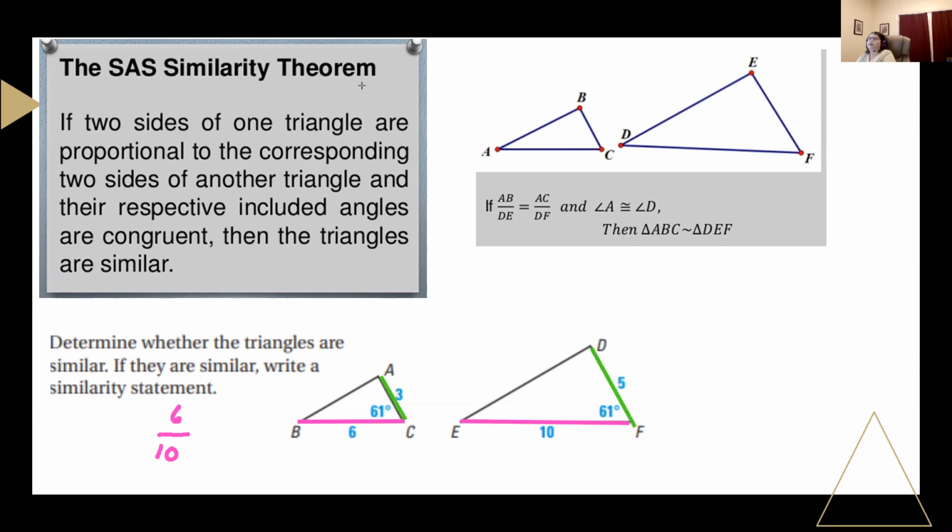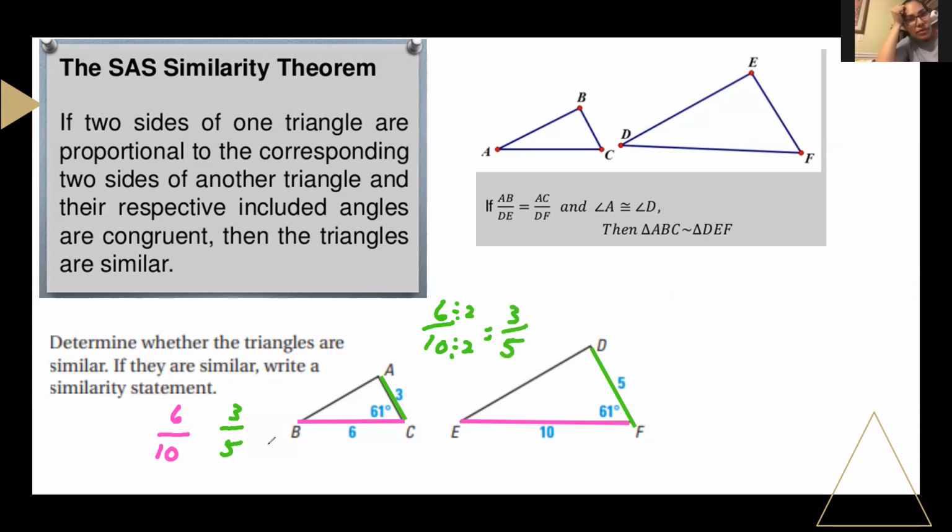And then I'm going to check 3 over 5. What does 6 over 10 reduce to? 3 over 5. Because 6 over 10 both can be divided by 2, and that does equal 3/5.